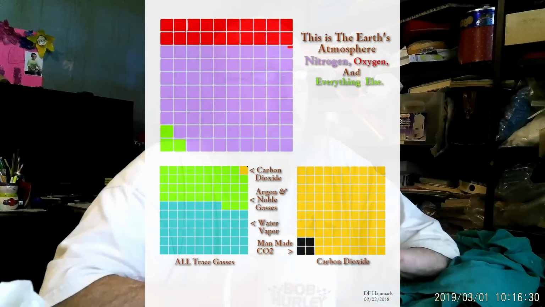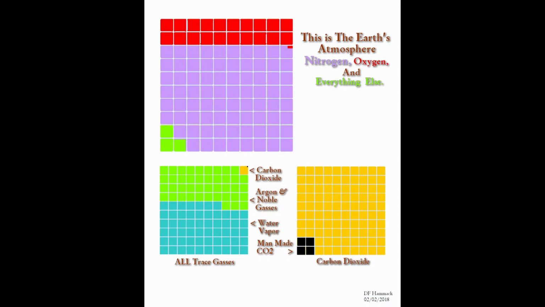The first picture we're going to look at today is a simple little graph to show you a percent of CO2 in the atmosphere. The first square up on top here is the Earth's atmosphere. Our Earth's atmosphere is made up of nitrogen, oxygen, and then we'll get into the everything else here in just a second.